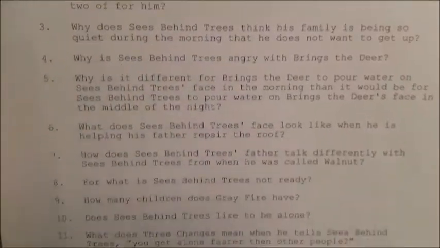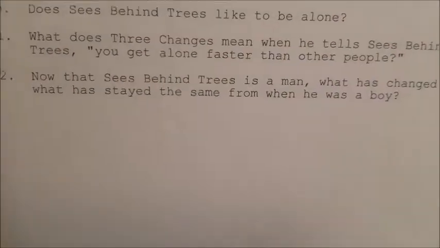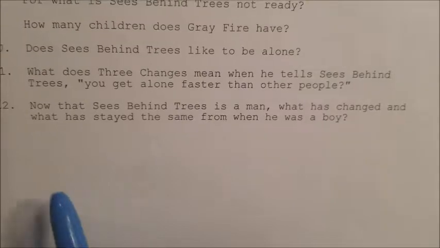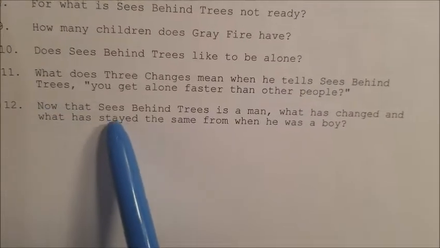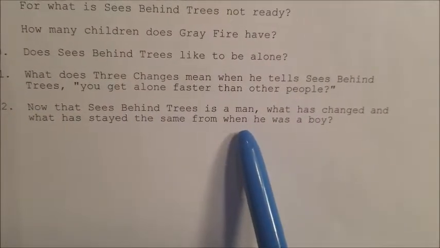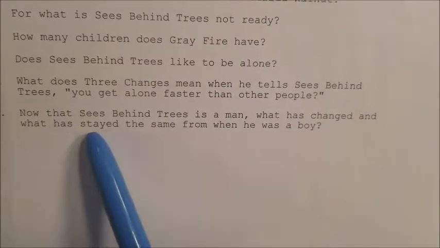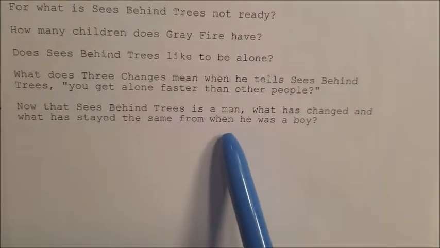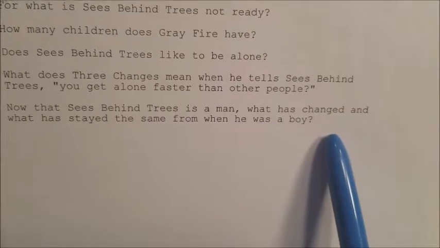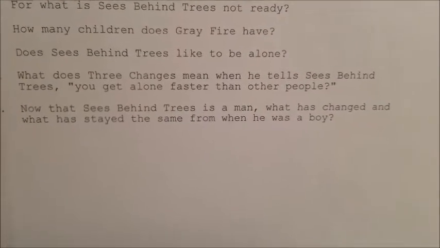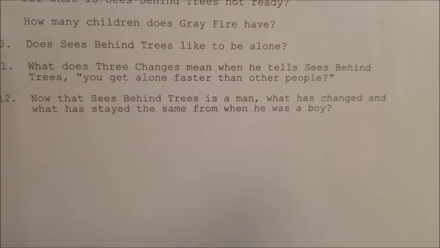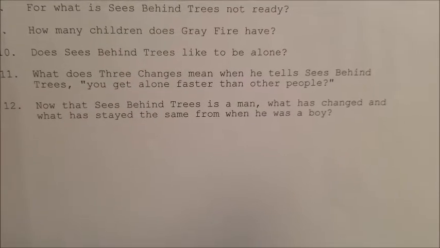And then down here we have another question that you can think about while you're reading chapter 3. Now that Sees Behind Trees is a man, what has changed and what has stayed the same from when he was a boy? So think about those questions, and we'll go through all of them during our next video conference.